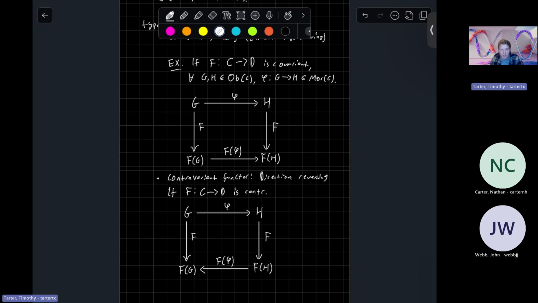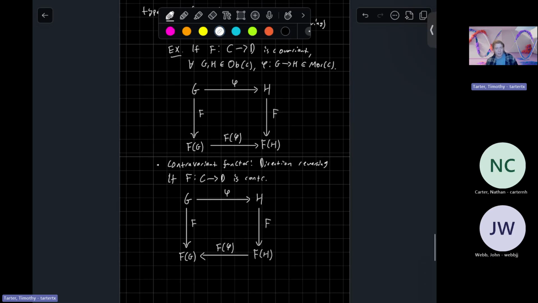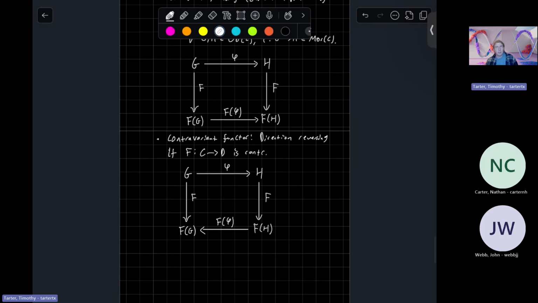Okay, the last thing I was going to say on this note is that we try to avoid saying that two diagrams or two categories are isomorphic. If two categories have an arrow reversing bijective functor between them, then what that really means is that it's isomorphic in the category of categories.